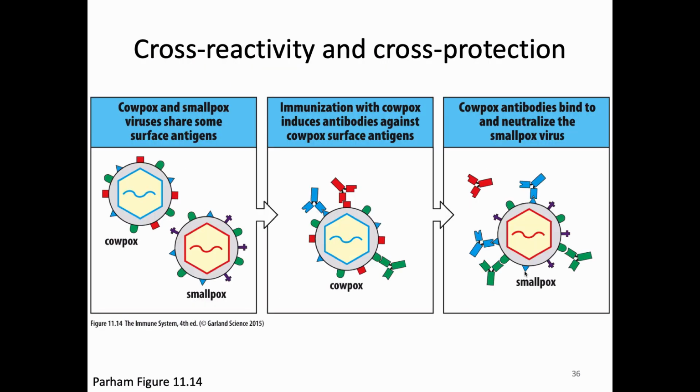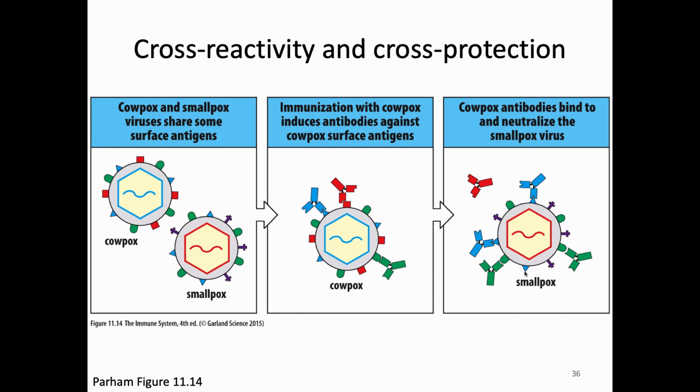The other thing that plays into this is this issue of cross-reactivity. I have always told you that one T cell responds to one antigen, one B cell responds to one antigen, one epitope. But unfortunately, biochemistry is annoying. Sometimes closely related pathogens can have very similar antigens or epitopes.